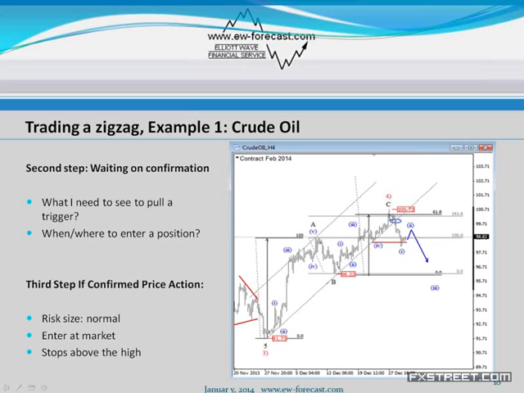If the market turns impulsively to the downside, out of this uptrend channel and through the wave 4 swing low, then I will pull the trigger, and I will enter a position at market with a stop loss, obviously above the invalidation level. So this is my confirmed price action, and I entered the trade.